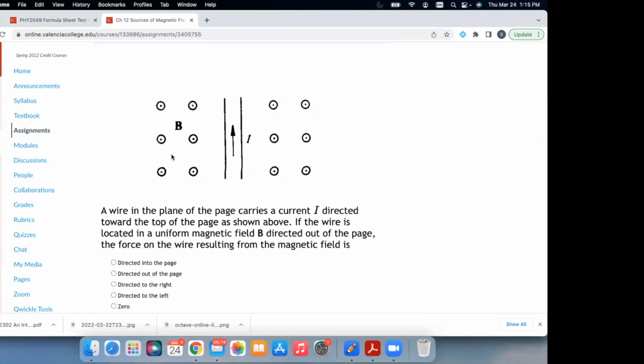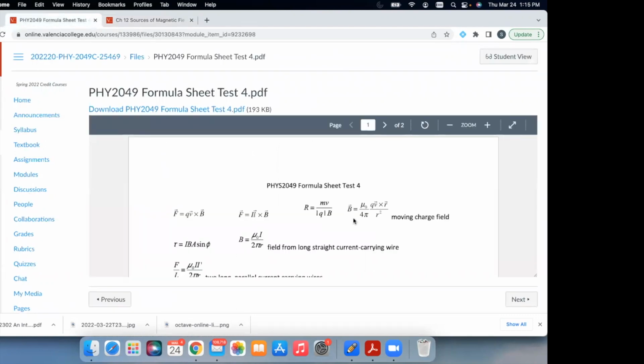We could find the interaction between these two magnetic fields, or I could think about individual charges flowing there and think F is going to be Q times V cross B to figure out the force. That's already been solved for me, so I could just use this formula. This is the force on a wire in a magnetic field that already existed.